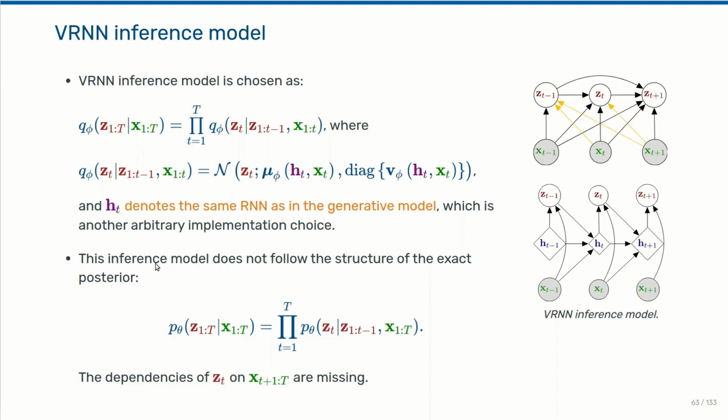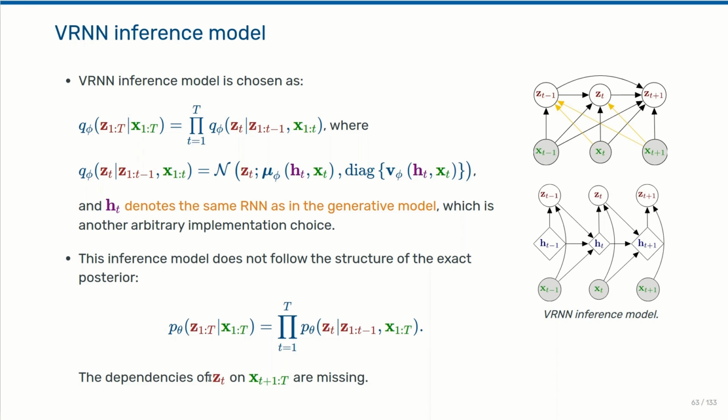The drawback of choosing this factorization, the one in the first equation, is that it does not follow the structure of the true posterior. So if you compute the posterior distribution of the latent codes given the observations, you end up with a distribution on Z that depends not only on the previous Z and the previous and current observations, but also on the future observations.